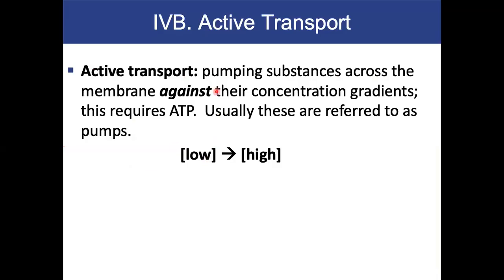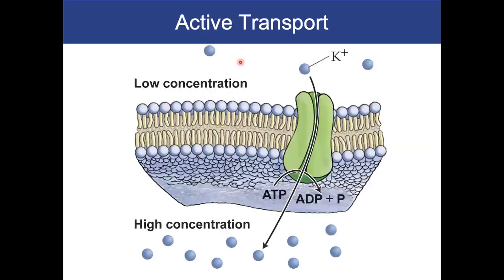So active transport is pumping substances across the membrane against their concentration gradient. You're not going to get a molecule to magically go against its concentration gradient, so you're going to have to use ATP. Usually these guys are referred to as pumps.